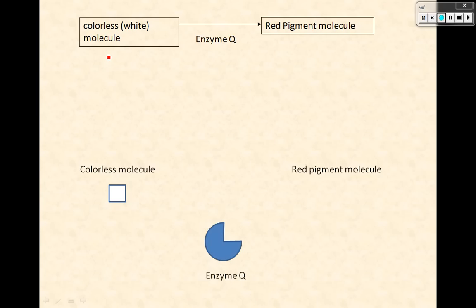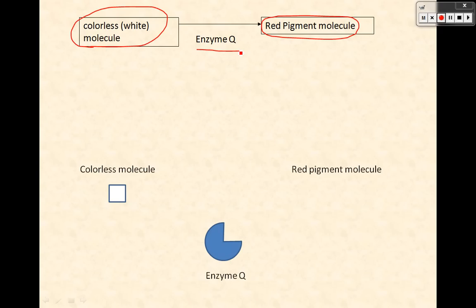As we do a little more digging and look at the chemical makeup of these flowers, and you can do this with spectroscopy or chromatography, lots of different ways to figure out what chemicals are in different substances, we find that there is a colorless molecule which makes flowers white, and that there is a red molecule which makes flowers red, and that the white molecule becomes the red molecule with the help of enzyme Q.